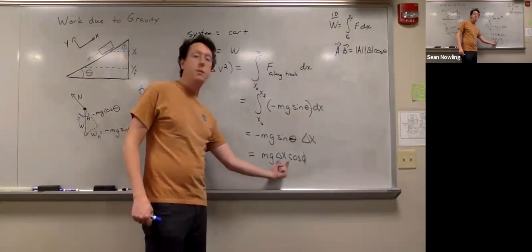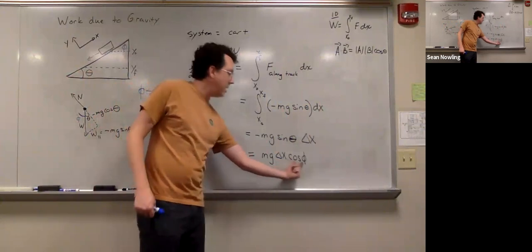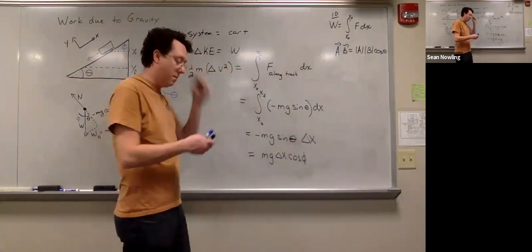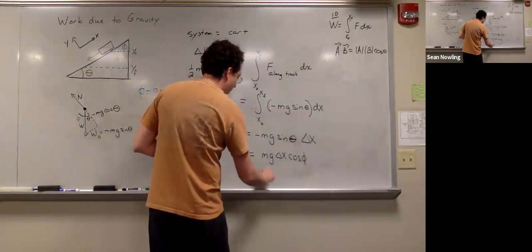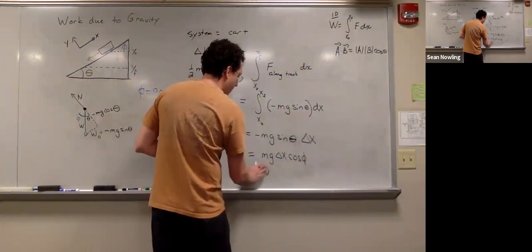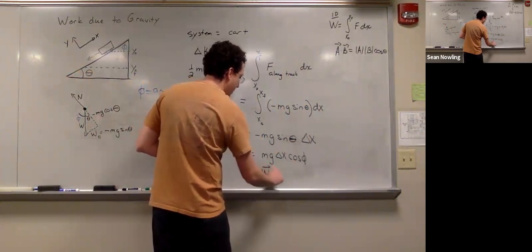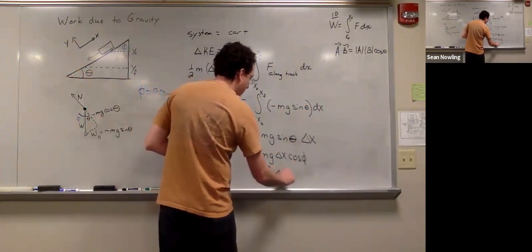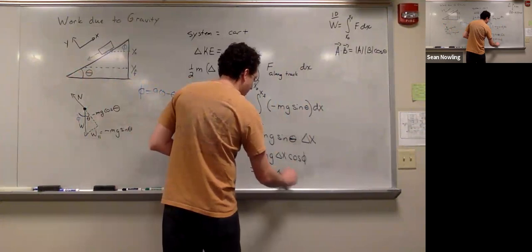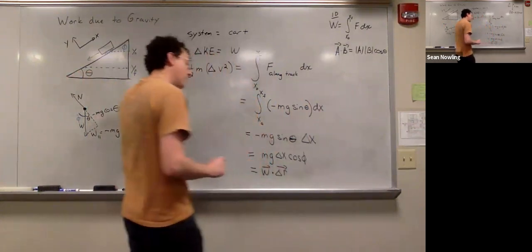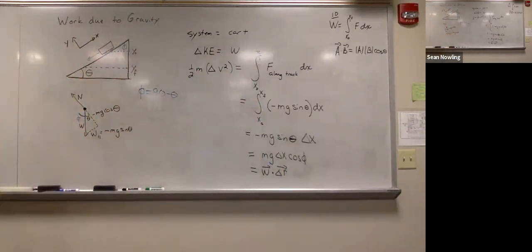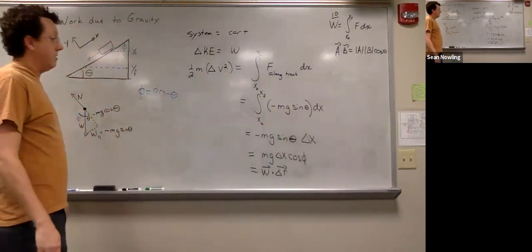Delta x is the magnitude of the displacement. And then we get cosine of the angle between them. This is nothing other than weight dotted with delta r, really, change in position. So that's a convenient way to say it.